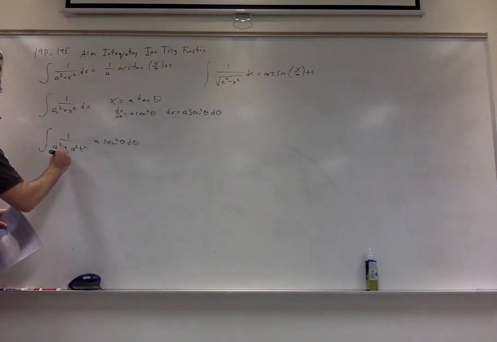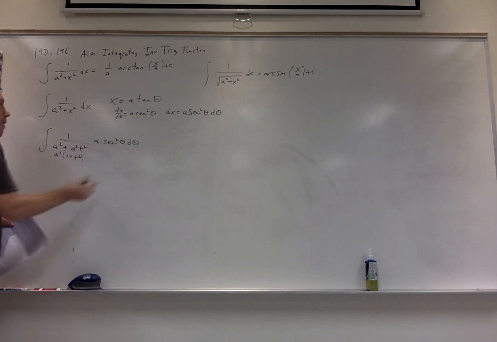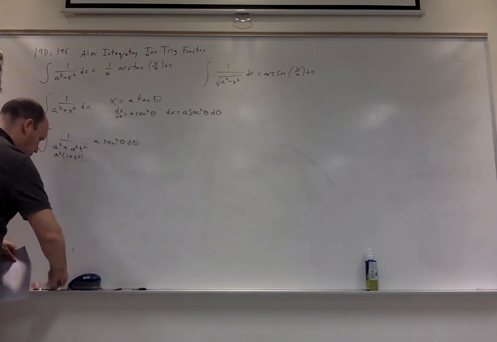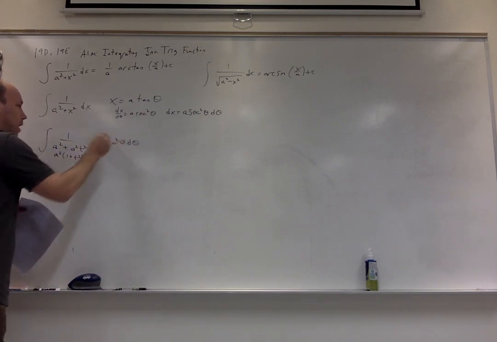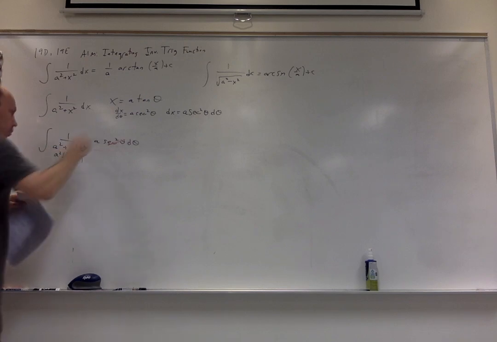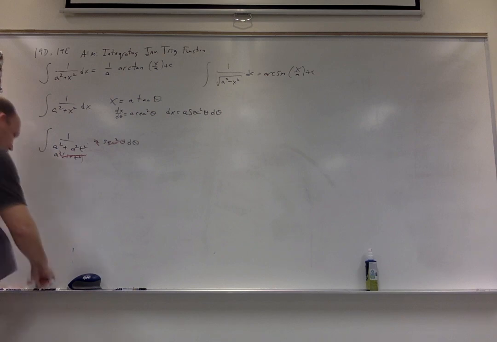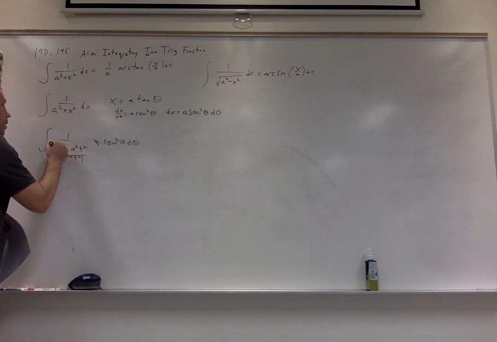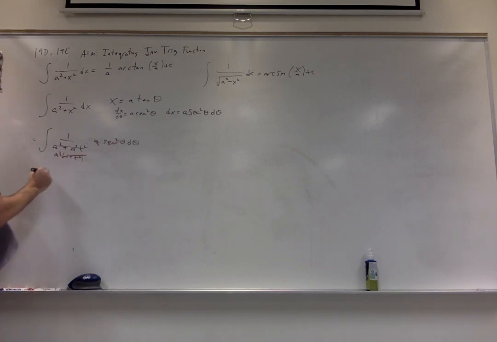It's a squared times 1 plus tan squared theta. We know that the secant squared theta cancels with the 1 plus tan squared theta. We know that a squared cancels with a squared, right? And so we're left with the integral of 1 over a d theta.